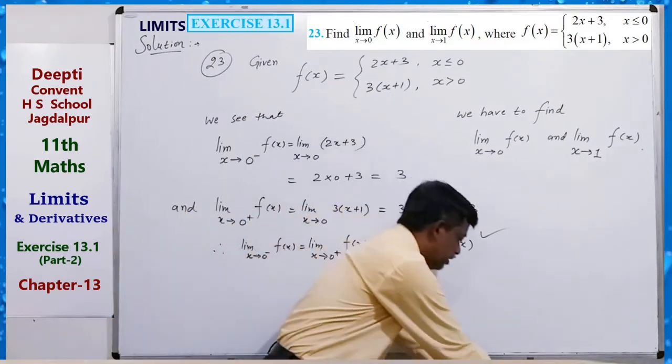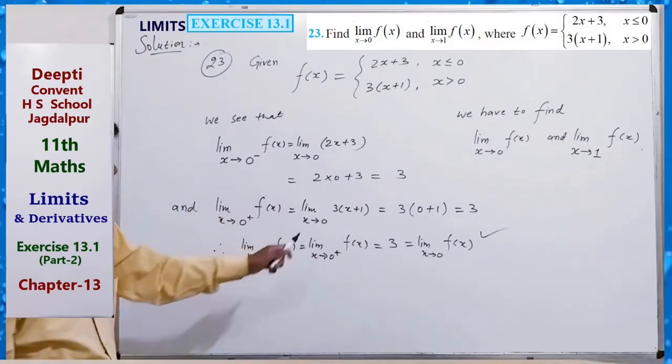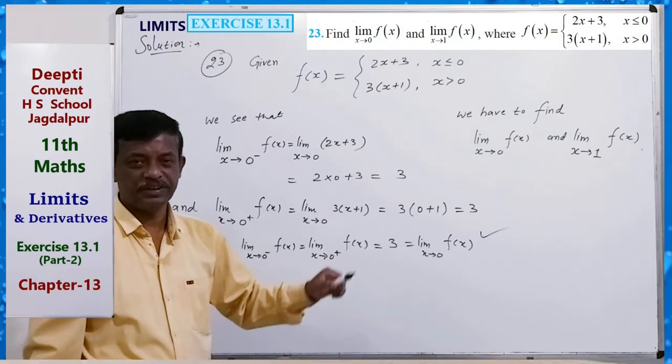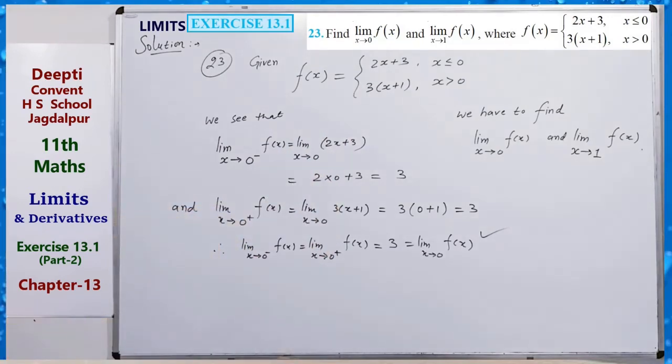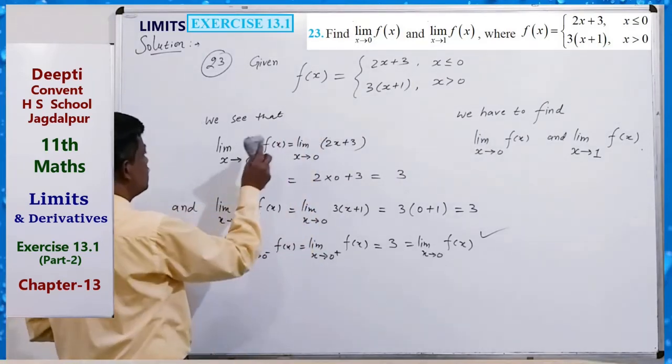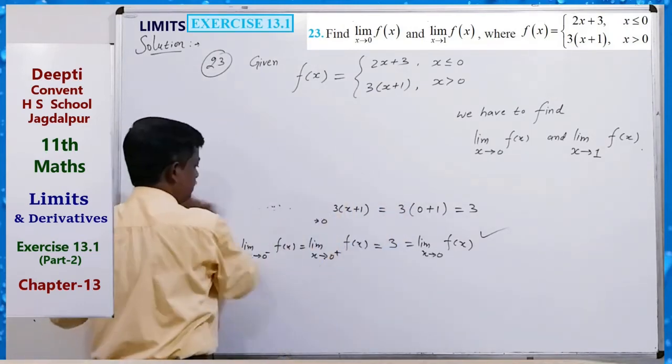For x equal to 1, okay, so this is the technique for finding the limit in the case of this type of discontinuity function. The value of the function is given in different intervals.